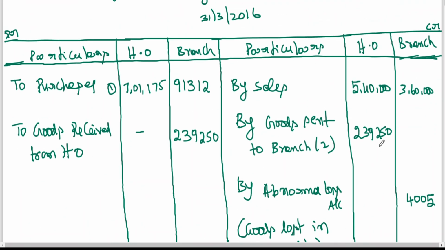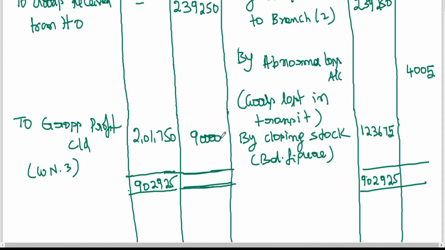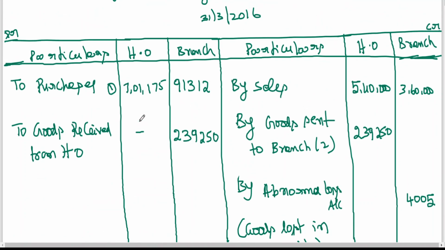Now let us look at it: 91,312 plus 2,39,250 plus 90,000 is coming to 4,20,562, minus 3,60,000, minus 4,005.